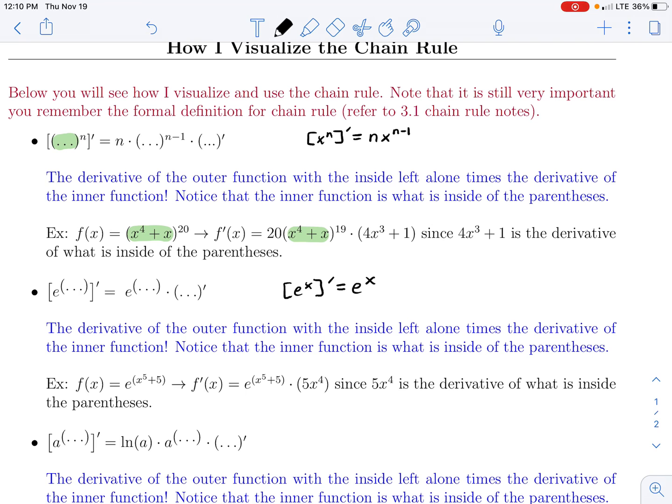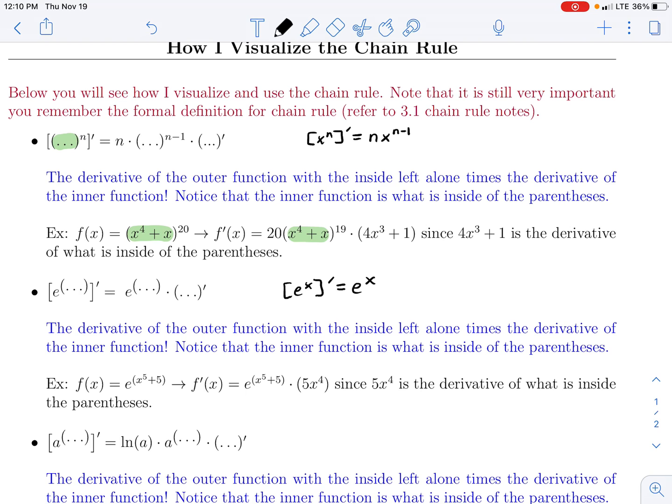Well, e to the x, my x is just a variable x, whereas parentheses is a more complicated function than just x. It's like x squared plus 1 or 2x plus 5 or something of that nature. And so when I want to take the derivative of e to the parentheses, it's just e to the parentheses times the derivative of the parentheses.